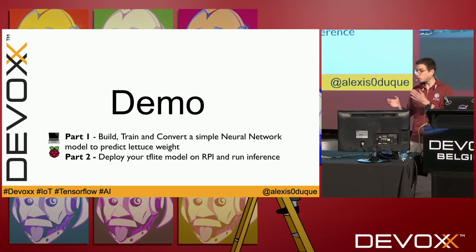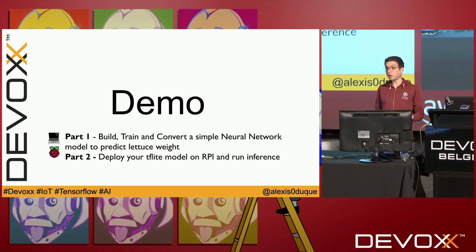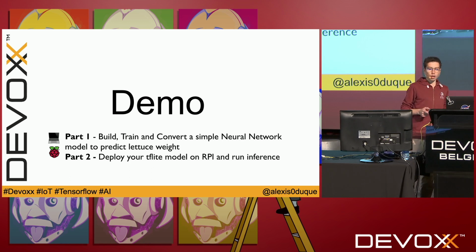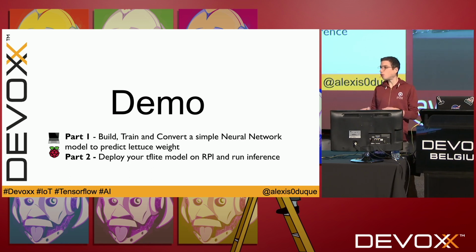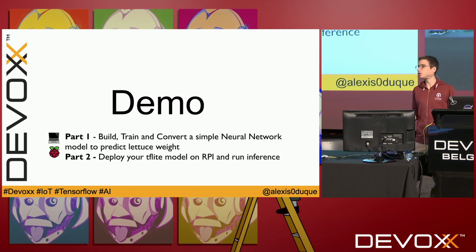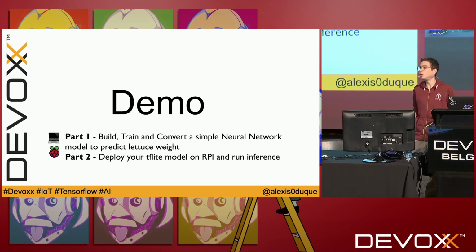We will just deploy our model inside and run inference to predict the lettuce weight. On the Raspberry Pi, I will show you in a Jupyter notebook from my laptop, but it's just because it's easier to visualize. But in production, basically, you can create a Python script in the same way.